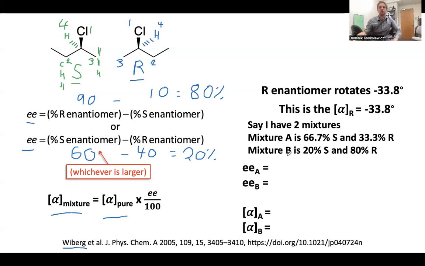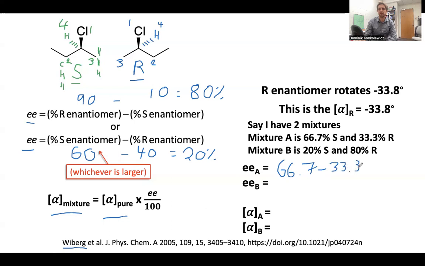So the enantiomeric excess of A: we know that we have 66.7 of S and 33.3 of R. So the EE is 66.7 minus 33.3.